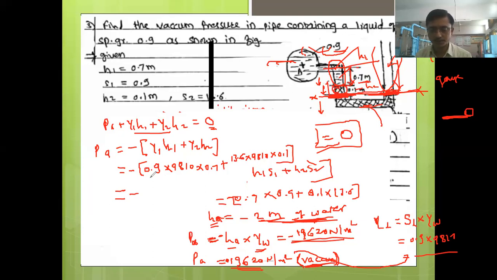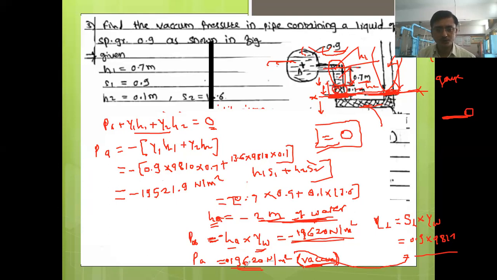The answer is 19,521.9 Newton per meter square.